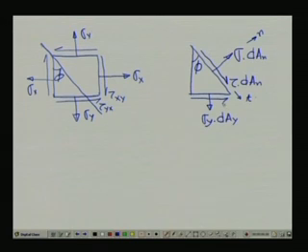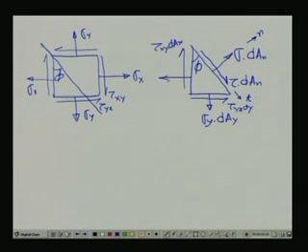Shear stress here will be tau yx into dAy. Similarly, the force in this direction is tau xy into dAx.